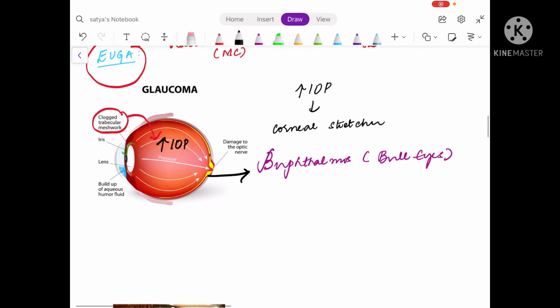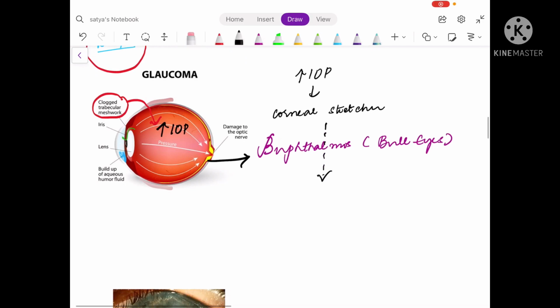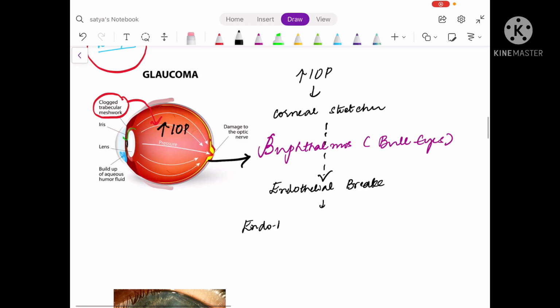So this corneal stretching will now lead to endothelial break and endothelial compromise, because of which you see loss of corneal transparency due to corneal edema.